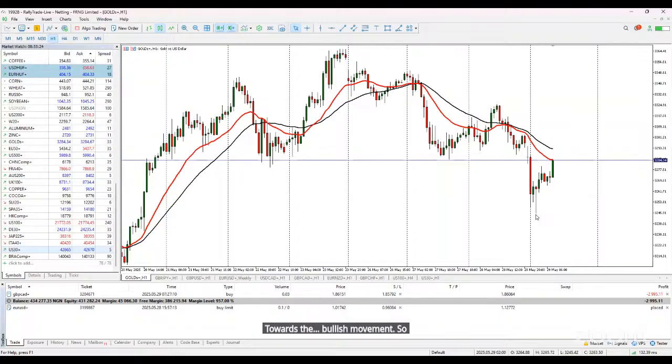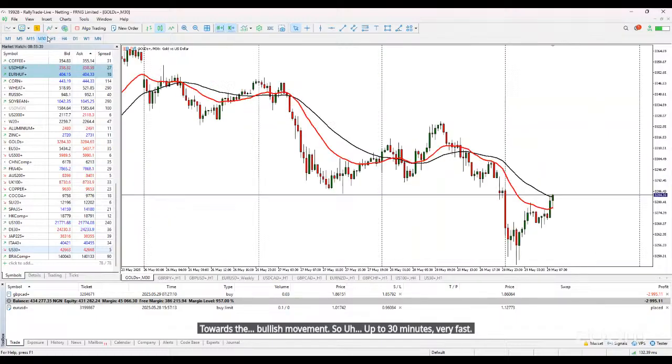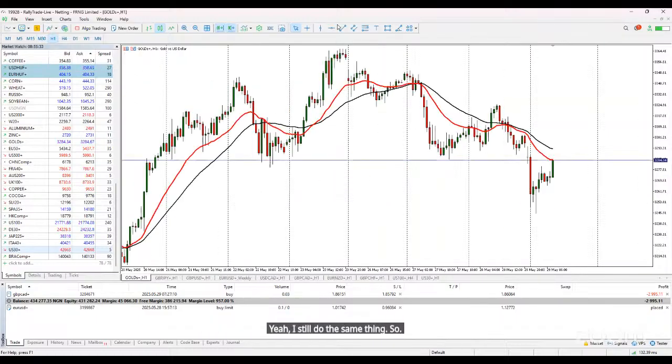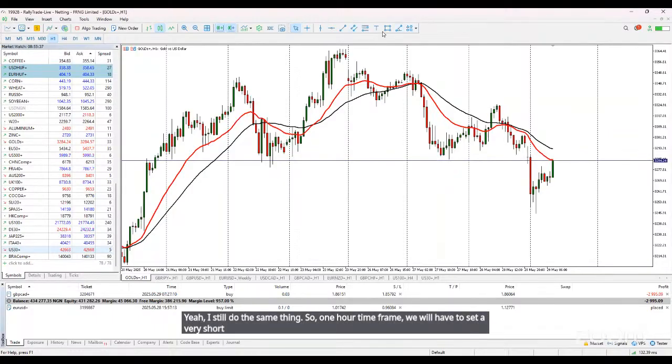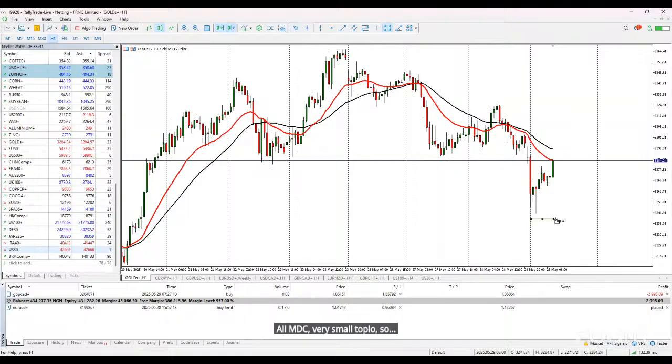So let me check 30 minutes very fast. Here is still the same thing. So on 1 hour time frame, we will have to set a very short stop loss, or let me just say a very small stop loss. So the stop loss will be around this region.